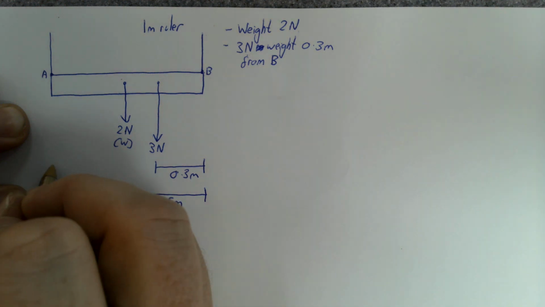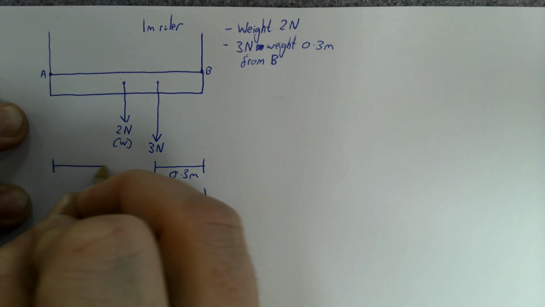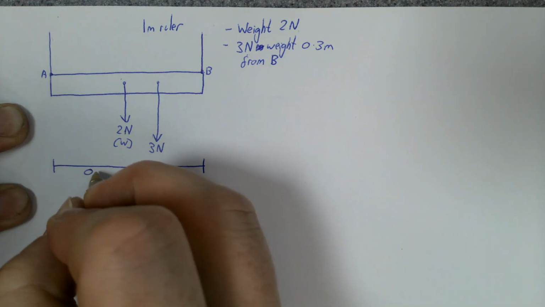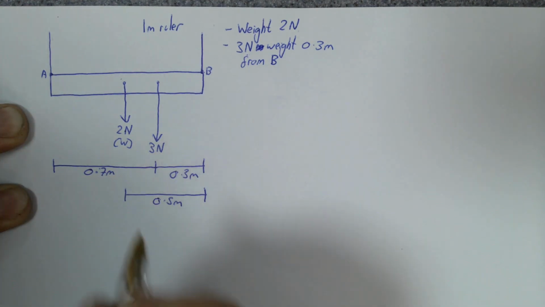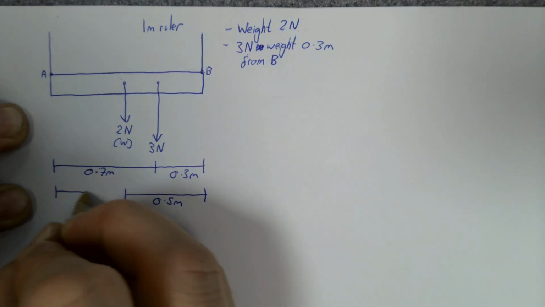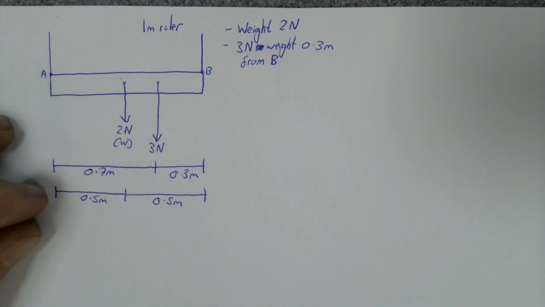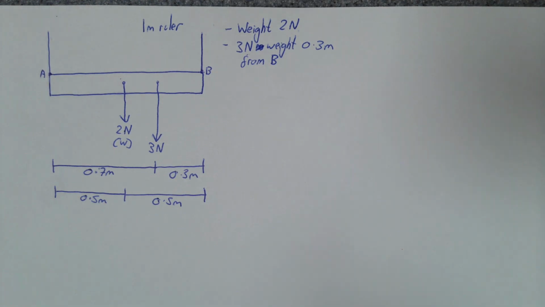I'm also going to sketch on the distance the other way. So if that's 0.3, this will be 0.7. And of course, if that is 0.5, then that is also going to be 0.5 meters. So that's the setup, and I would always encourage you to draw the diagram.